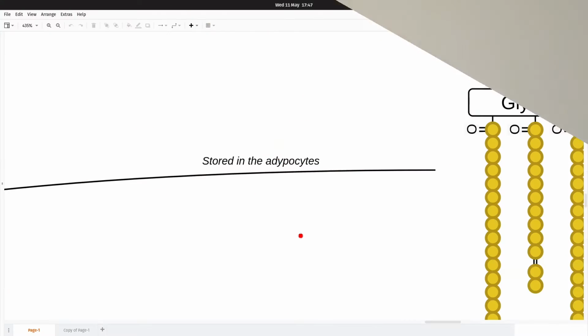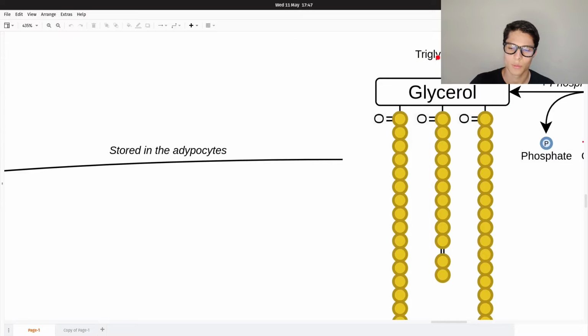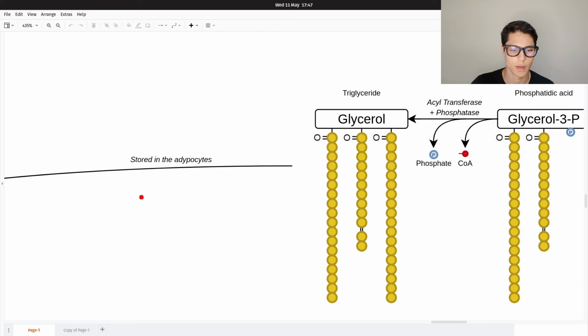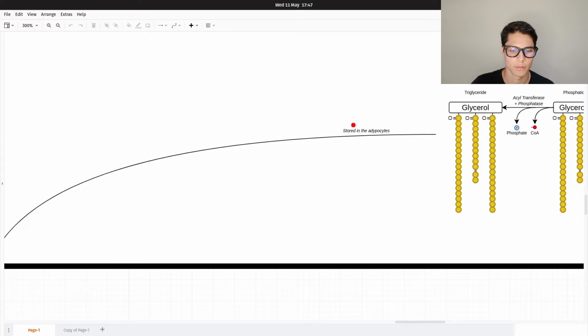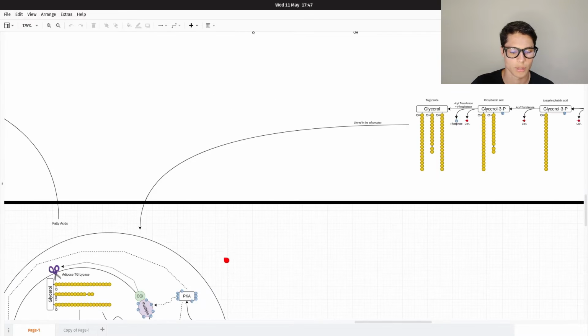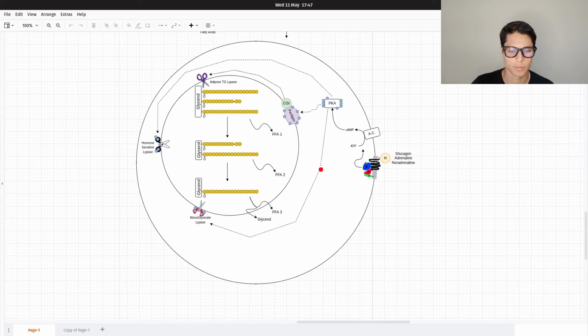Let's go. If you remember from the last video, we got the triglyceride formed and we said that it was stored in the adipocytes. So let's have a look at an adipocyte. This is an adipocyte, a fat cell.